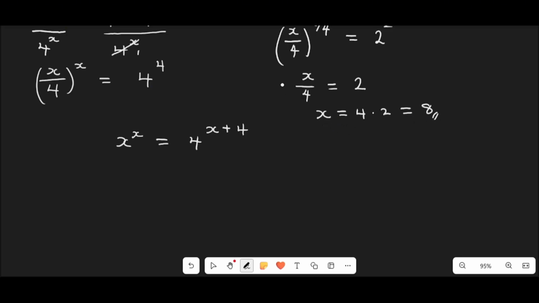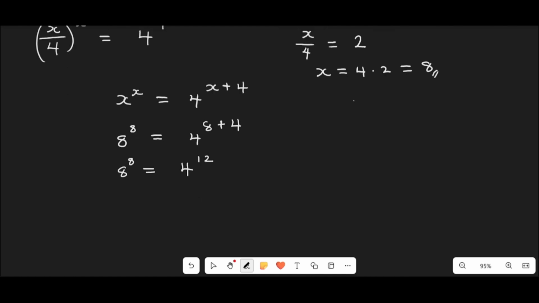So let us say 8 raised to power 8 equal to 4 raised to power 8 plus 4. So 8 raised to power 8 equal to 4 raised to power 12.